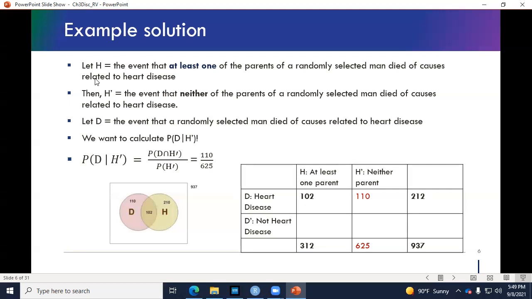So we know the question is asking conditional on this H prime. And again, we define D as the event that a randomly selected man died of causes related to heart disease. So this is directly related to heart disease. And this is what we want to calculate.